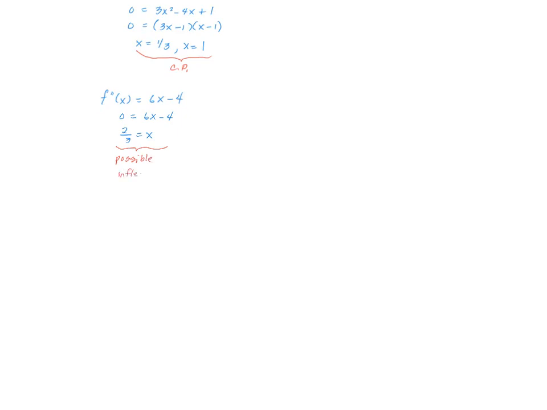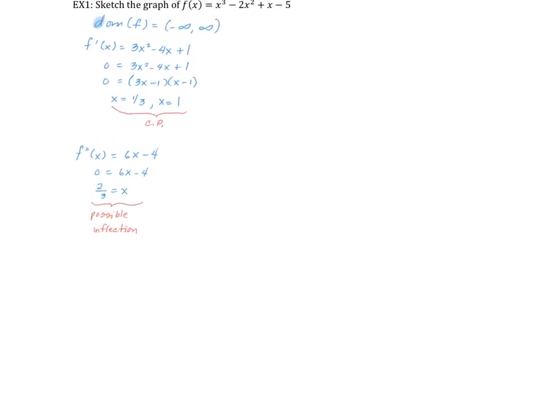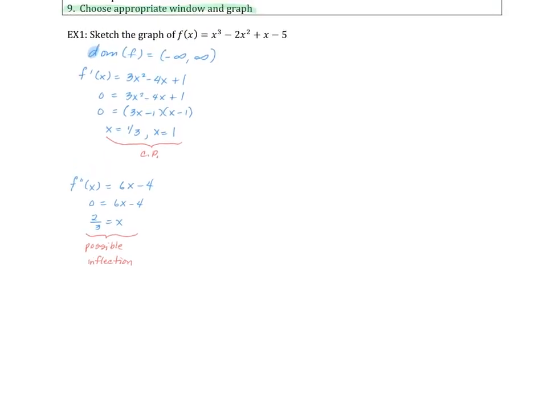What I'm going to do now is make a chart that's going to contain both my first and second derivative. I'm going to come back up here and make a number line. Since my domain is from negative to positive infinity, my number line will go from negative to positive infinity.